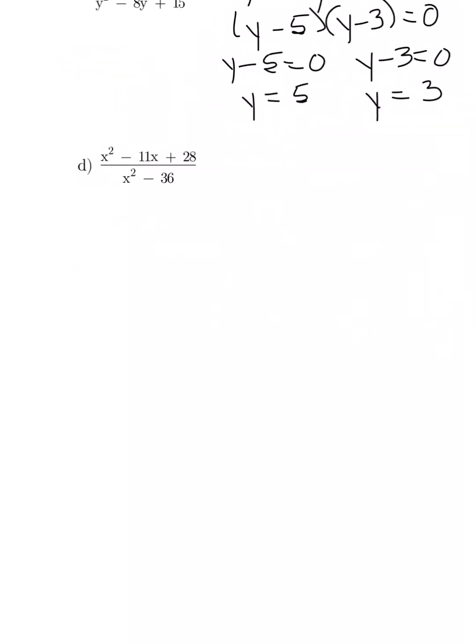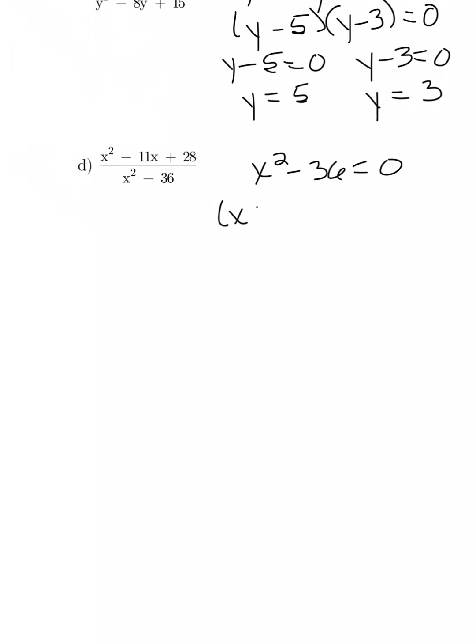On a problem like this, they're trying to make you doubt yourself and think that you have to worry about whether or not the numerator factors and setting it equal to 0. Yes, the numerator does factor, but we don't care. It can equal 0. All we care about is the denominator. So we're going to set x squared minus 36 equal to 0.